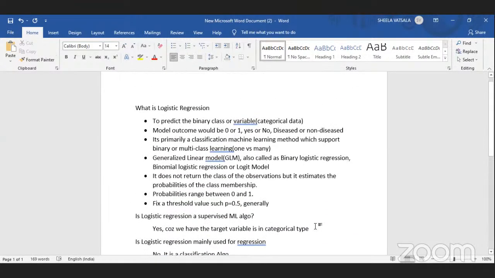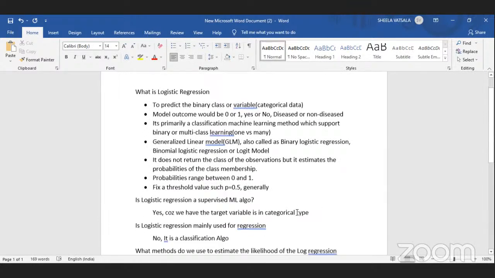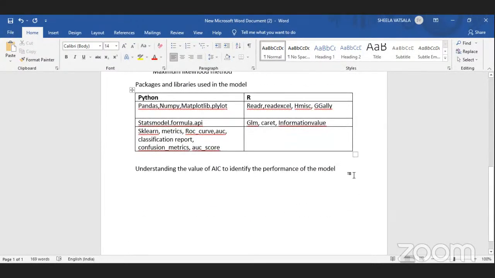Okay. Then how do we identify that? Lower the AIC, better the model. Better the model.